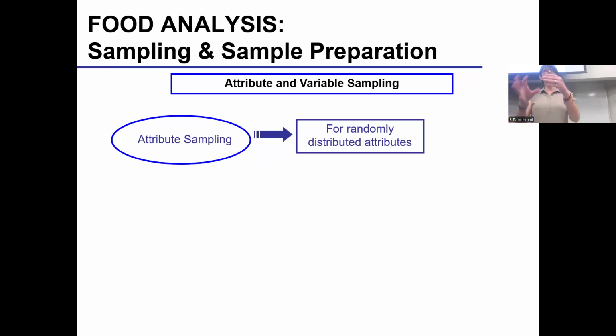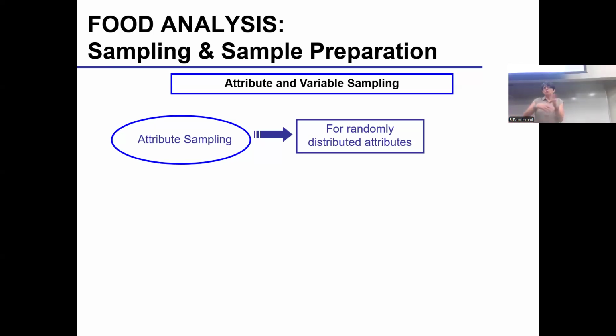So when you have such an attribute that you're looking for, a particular component that is not really distributed, unlike in a bag of flour, which is a very homogeneous sample. If you're looking for protein, protein is normally distributed, or ash content, or carbohydrate. It's normally distributed in your sample.